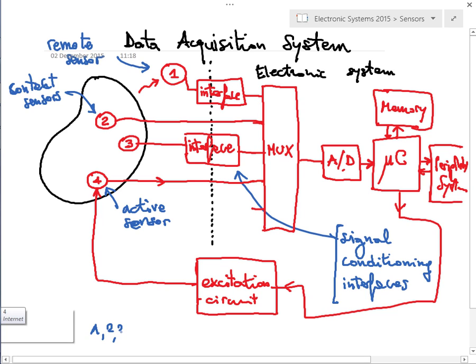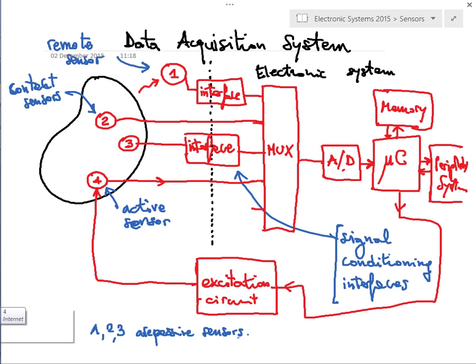1, 2, and 3, according to what I wrote, are passive sensors, in the sense that the sensing operation does not need that some additional energy is provided by the system.